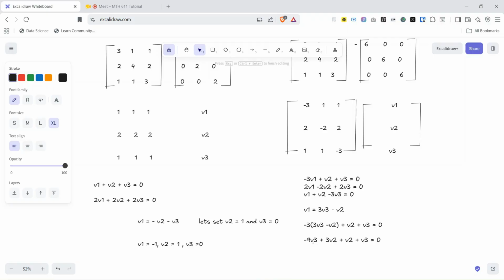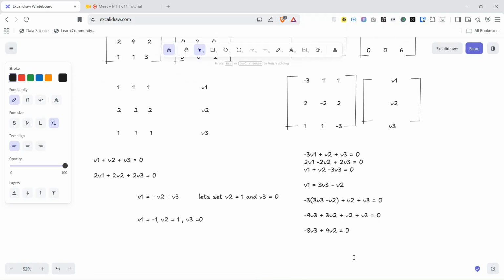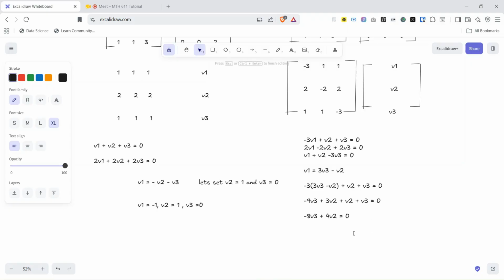This should be minus 8V3 plus 4V2 equals 0. If we take this to the other side, 4V2 equals 8V3.